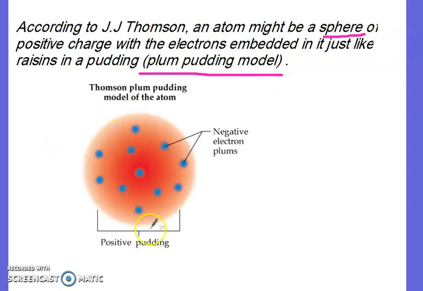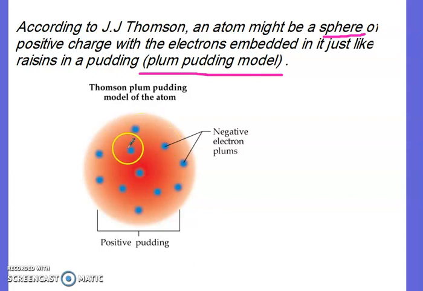This is the atom of Thomson, I mean Thomson's imagination. The red part, which is a sphere, represents the positive charge. The electrons are the small blue dots, which are embedded in the positive, because positive attracts negative.